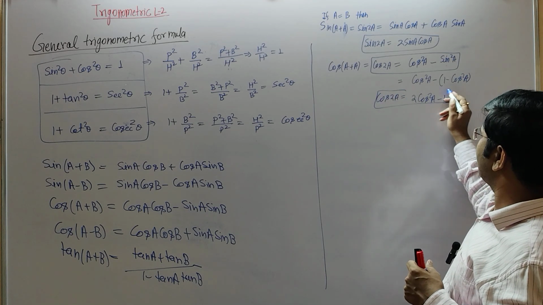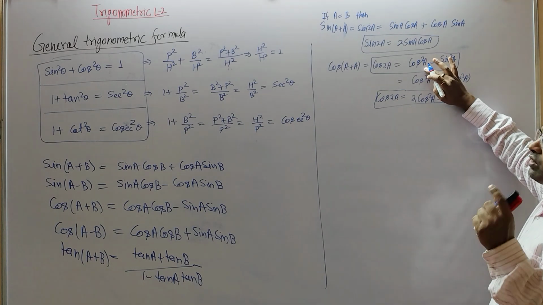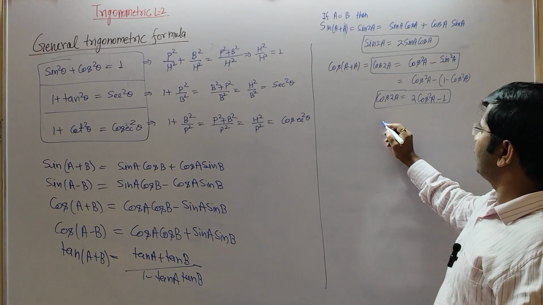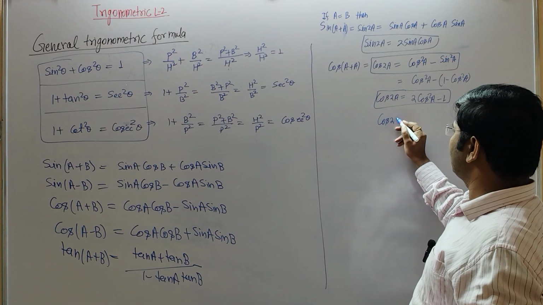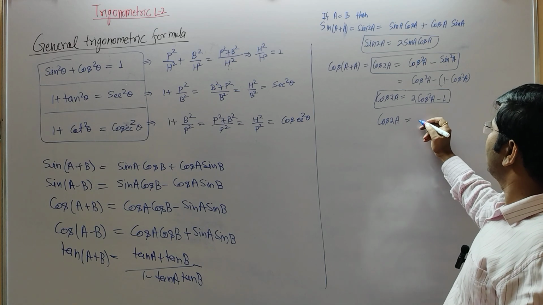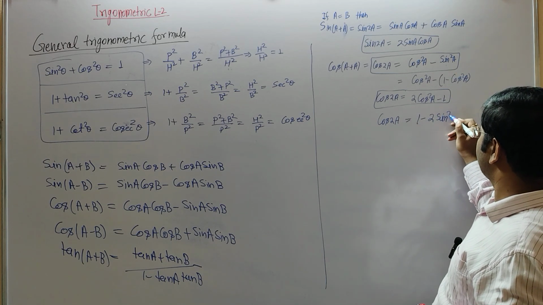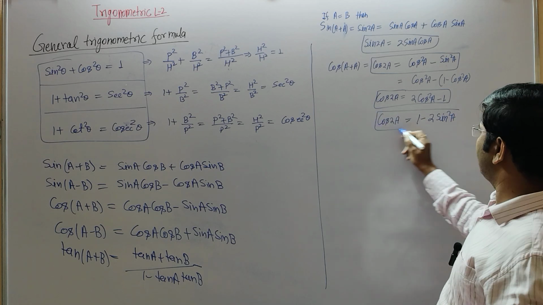This is another formula. Similarly, if I convert cos square A to 1 minus sin square A, it becomes 1 minus 2 sin square A. It converts into this form.